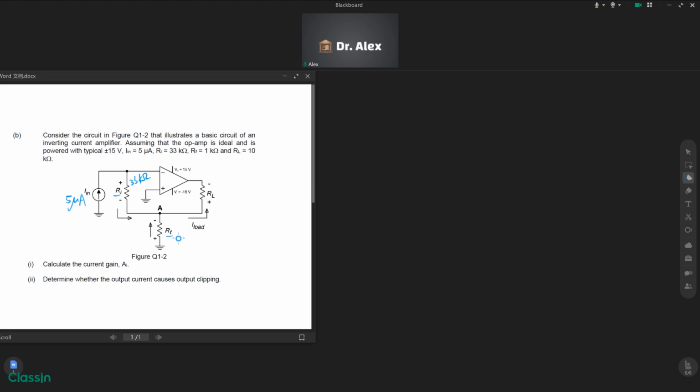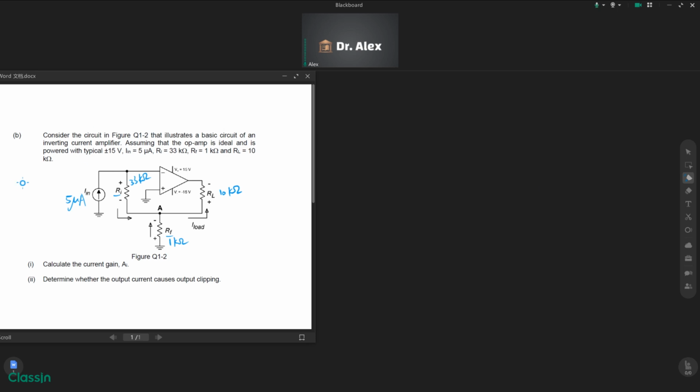The feedback resistor is 1 kilo ohm. The load resistor is 10 kilo ohm. I think it's a good habit to write the values of the variables into the picture. Yeah, it's easier for us to do the calculation.